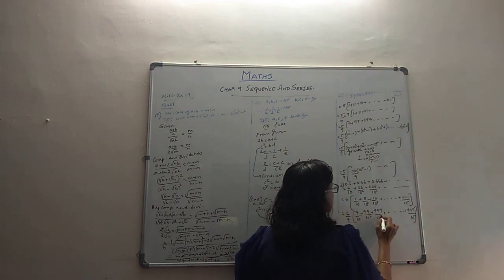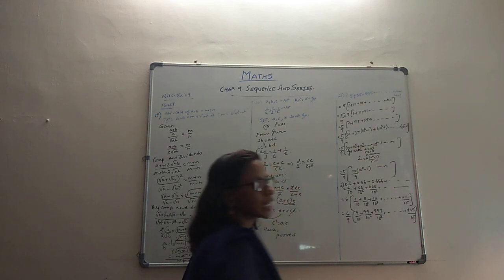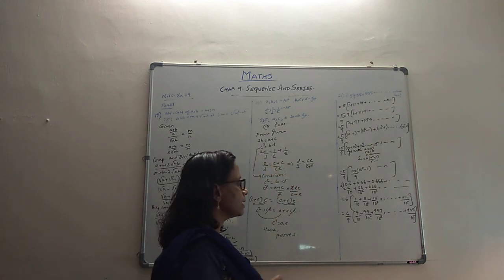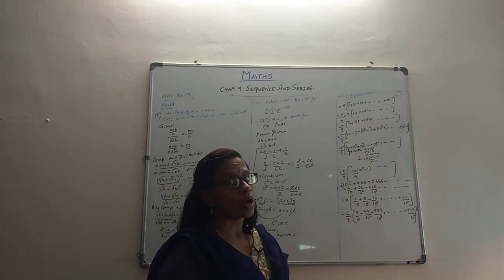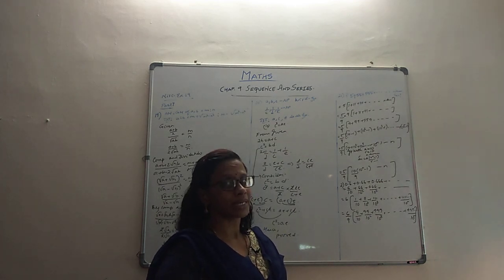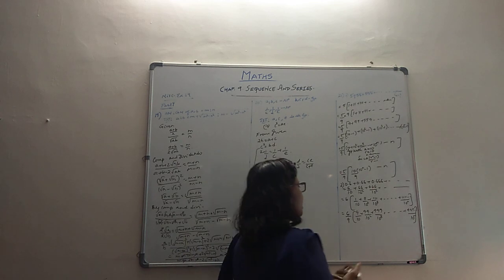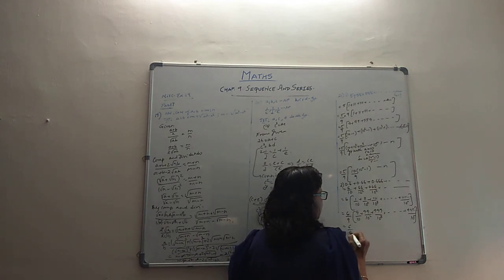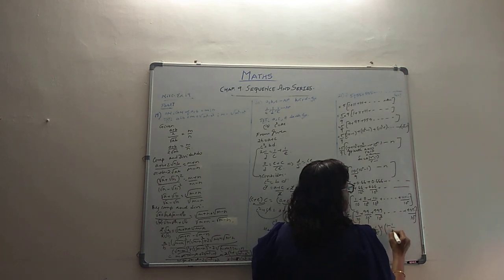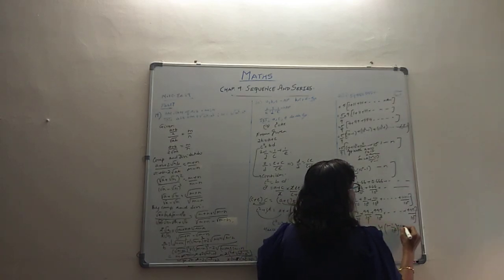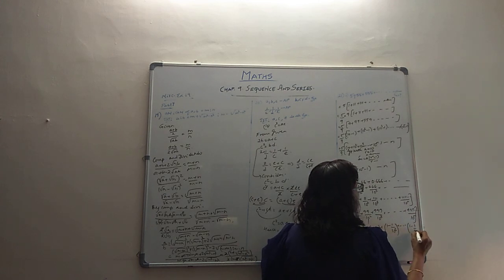Now 9 by 10, very similar to before, is also 1 minus 1 by 10, if we carefully see. So we are going to make that conversion everywhere. This is as good as writing 1 minus 1 by 10. This is 1 minus 1 by 100. This is 1 minus 1 by 1000. Automatically the last term is 1 minus 1 by 10 raised to n.